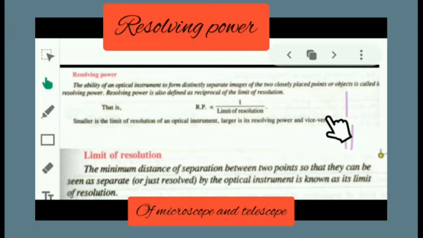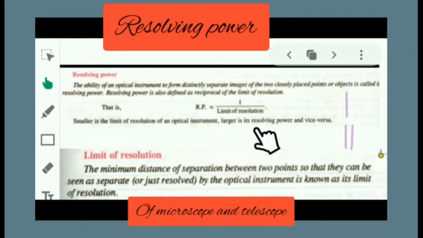If an instrument can see objects very close to each other, that means its limit of resolution is very small, and we can still see them separate. That means its resolving power is high. So we can say that resolving power is the reciprocal of the limit of resolution.